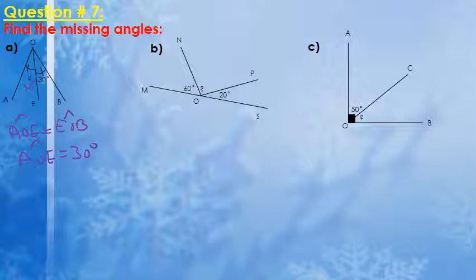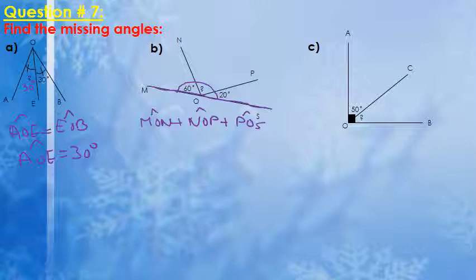In part B, we have a big angle, which is MOS. MOS is a straight angle, so the sum of all these angles is 180 degrees. We have three angles: angle MON, angle NOP, and angle POS.